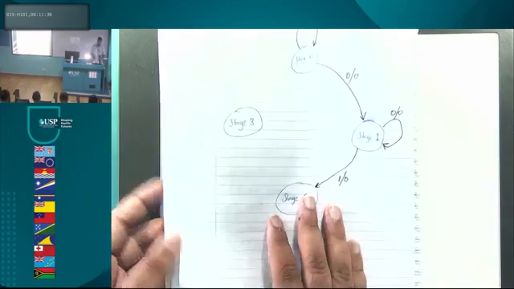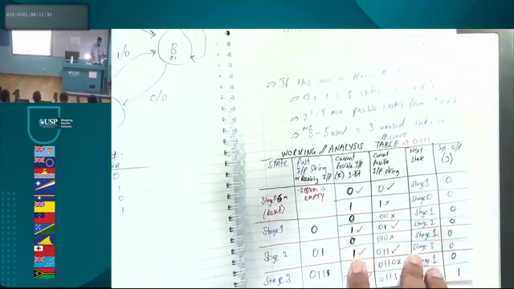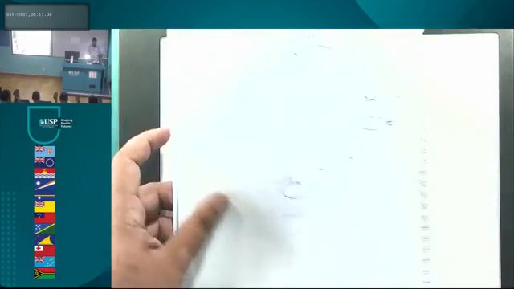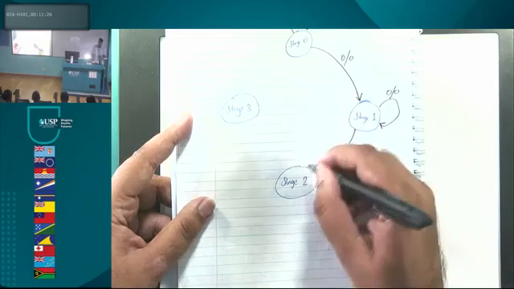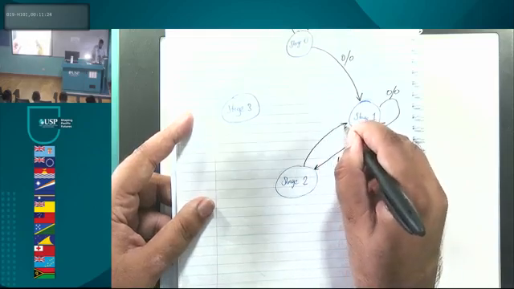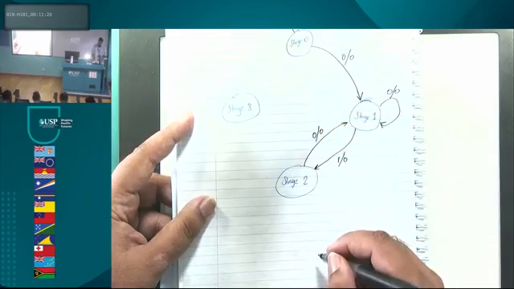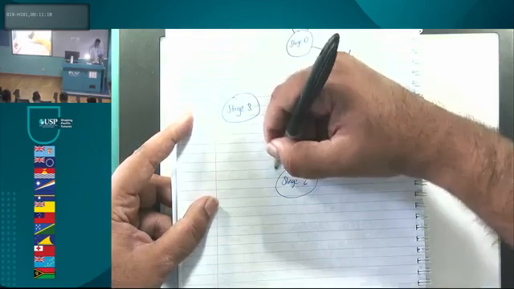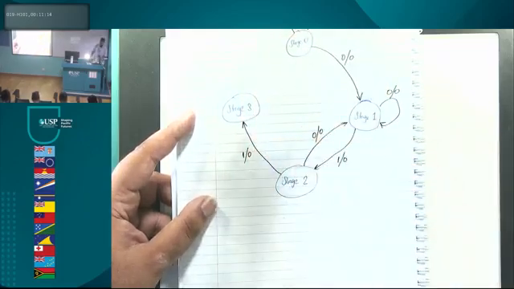Right now, stage 3, stage 2. If input was 0, you went to stage 1. If input was 1, you went to stage 3.